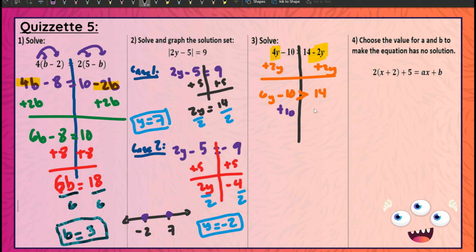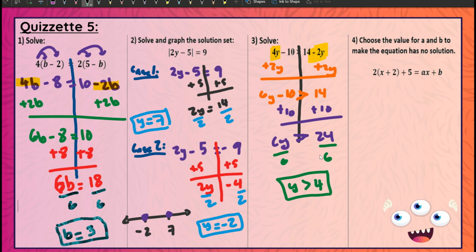We add 10 to both sides: 6y is greater than 24. Then we divide both sides by 6. So y is greater than 4 is the answer.